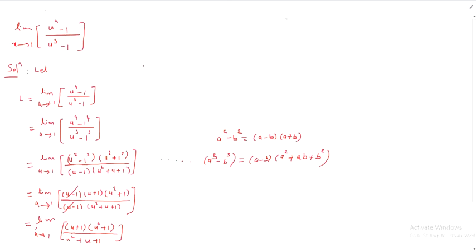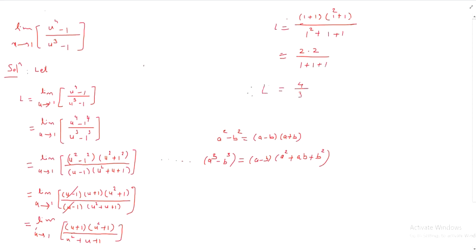Okay, so limit u tends to 1, there is no need to write it again, we can directly substitute the value of u: (1 plus 1)(1 square plus 1) by (1 square plus 1 plus 1), that is 2 into 2 by 3, that is 4 by 3.